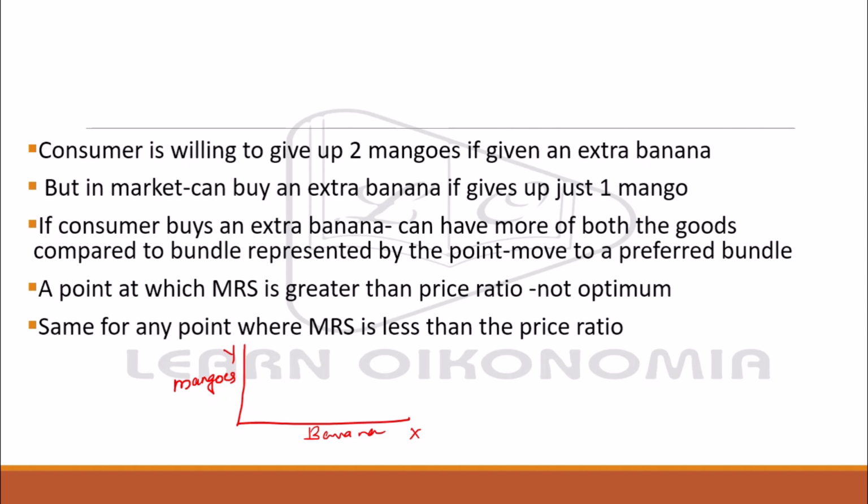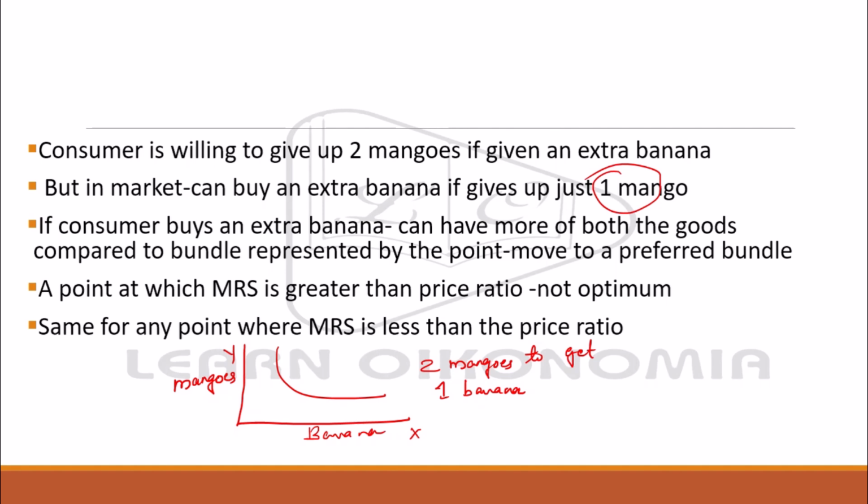Okay, so here, since the MRS is 2, the consumer is willing to give up 2 mangoes to get 1 banana. But when it comes to the market, what you could actually have is a situation where the consumer can buy an extra banana if they give up just 1 mango.